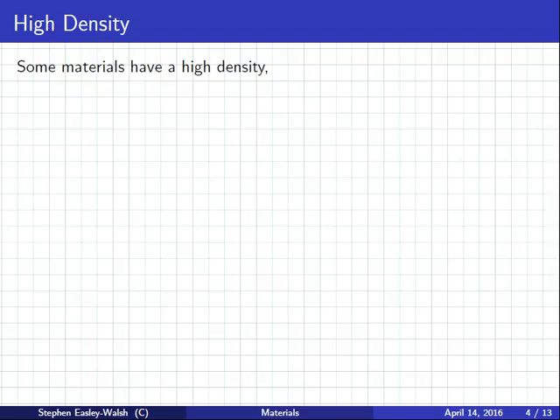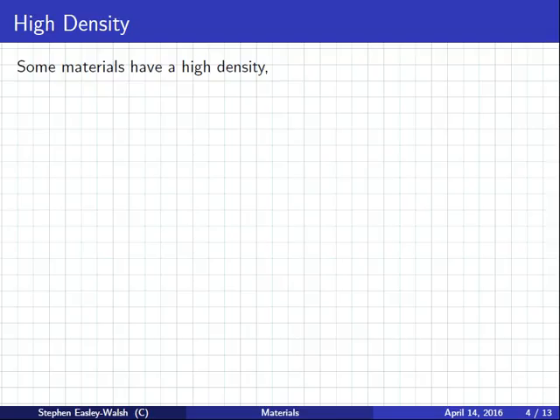Or is it easier to do the other one? Low density. What would be a low density? Paper. Air. Paper, yeah, not that low. Air would be very low. Gas, air. What else? Water, I would say, is medium density.